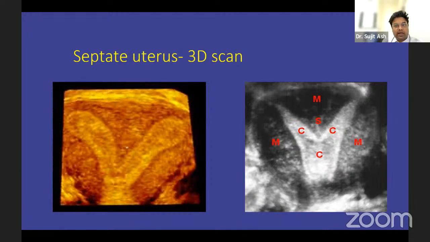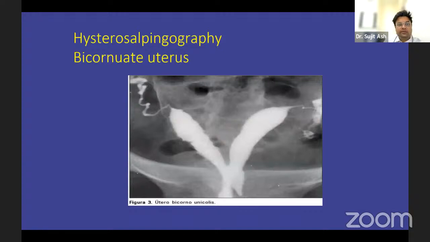The M is the muscle, the C is the cavity, and the S is the septum. In case it's a biconvex uterus, the top M won't be there. So as soon as you start cutting the S, you'll perforate and reach out to the pelvic cavity. So that is why you have to be careful in such situations.